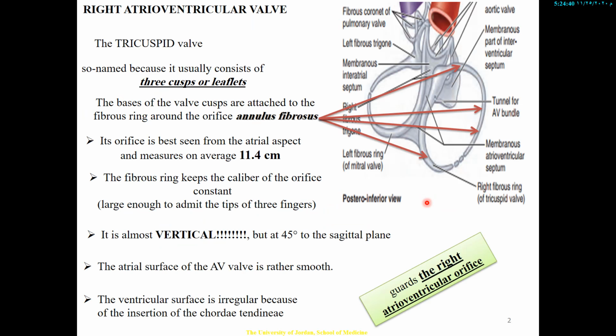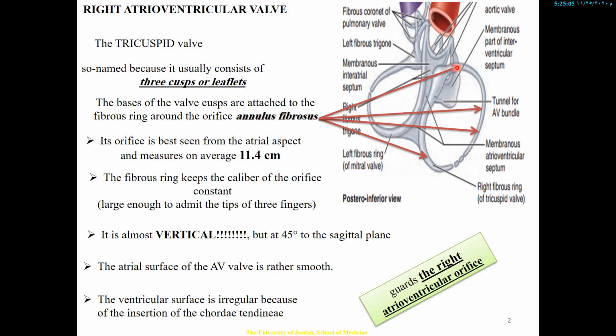Now let's talk about the right atrioventricular valve, or the tricuspid valve, so named because it usually consists of three cusps or leaflets. The bases of the valve cusps are attached to the fibrous ring around the orifice, the annulus fibrosus.